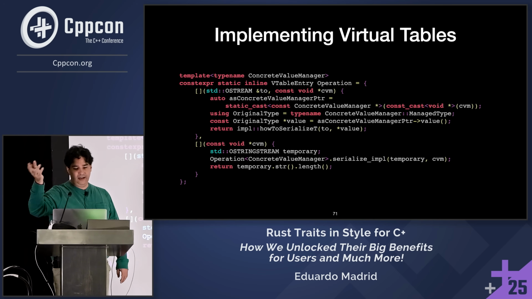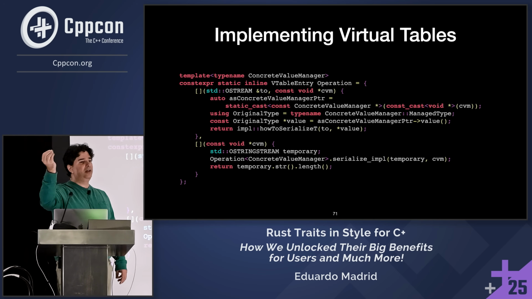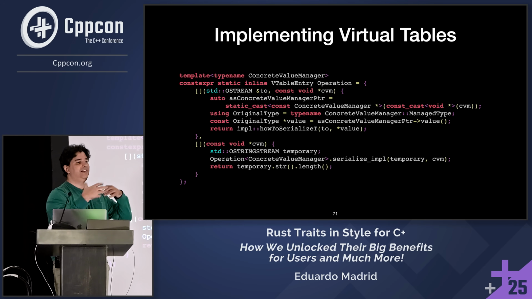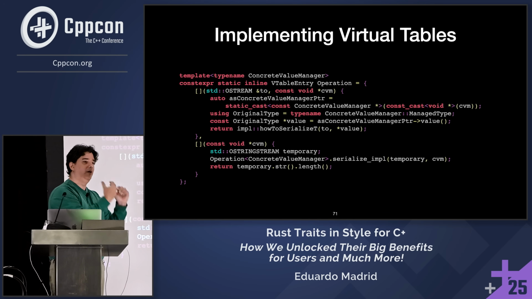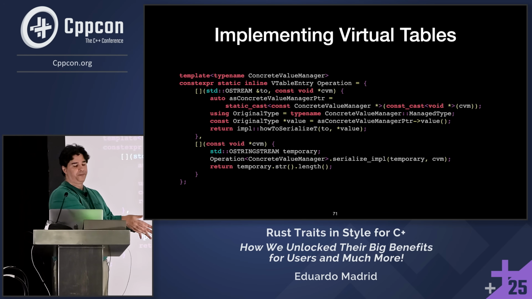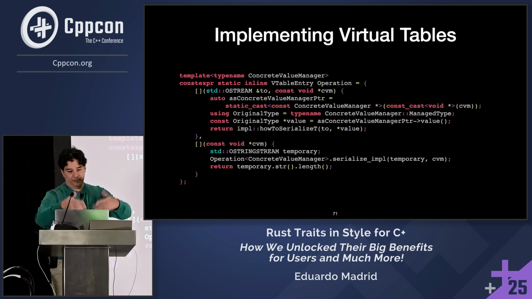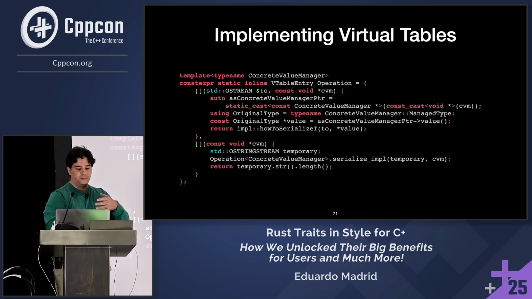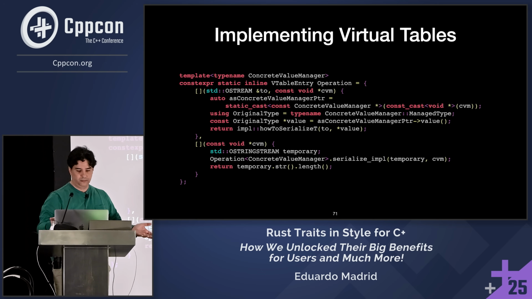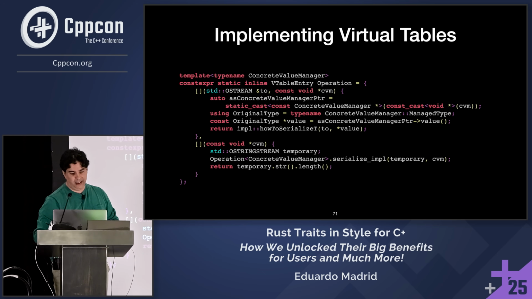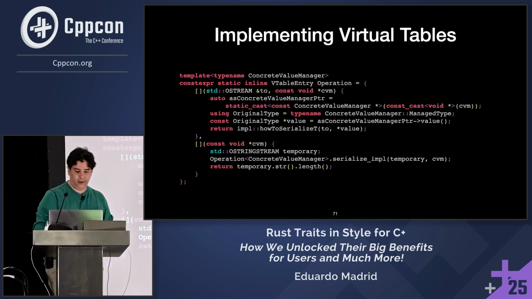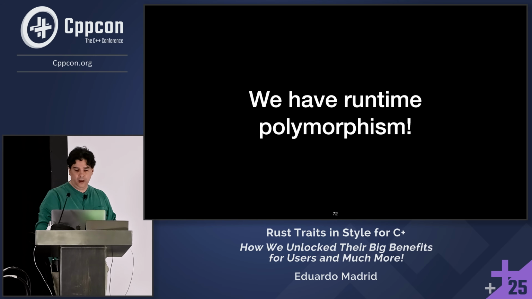And the concrete value manager is the one that is going to tell the affordance what is the concrete type, hence the name of what it is managing. And so the code obtains the pointer to the value and uses it. That's what the slide means without having to read it in greater detail.